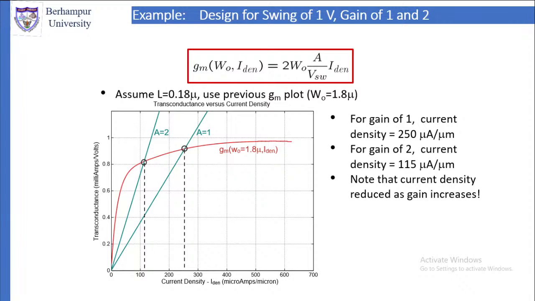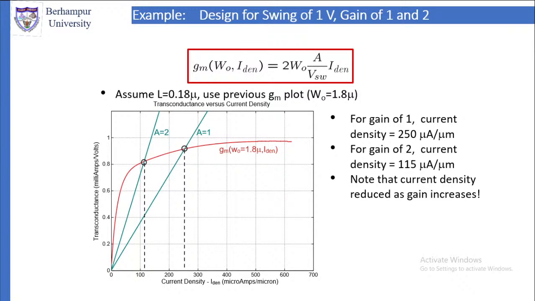On the x-axis we have current density, on the y-axis we have transconductance. When we take gain A equal to 1, the current density is 250 microampere per micrometer. Draw a line for gain equal to 1, and where it crosses the red curve, drop a perpendicular to meet the x-axis.